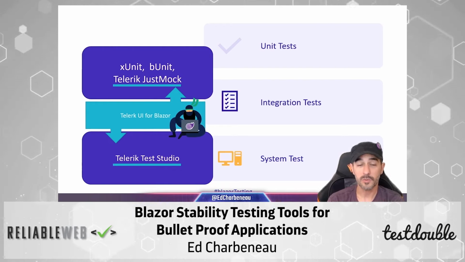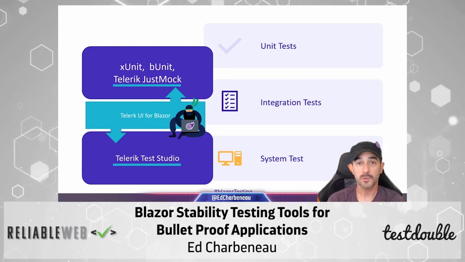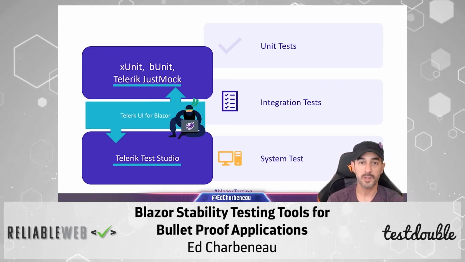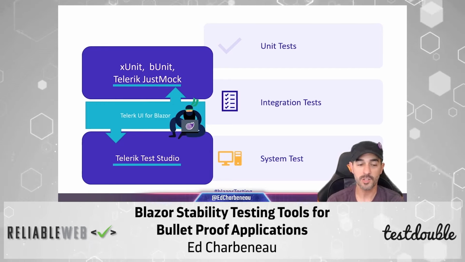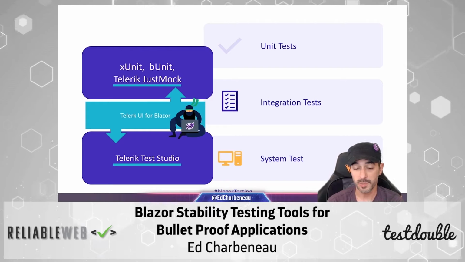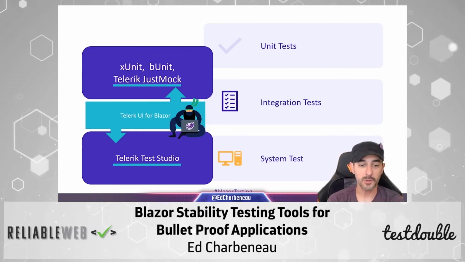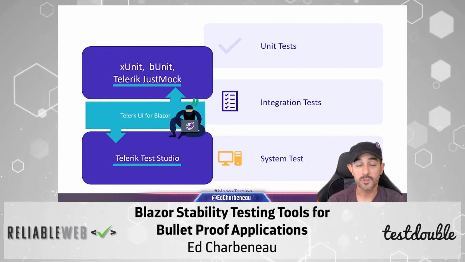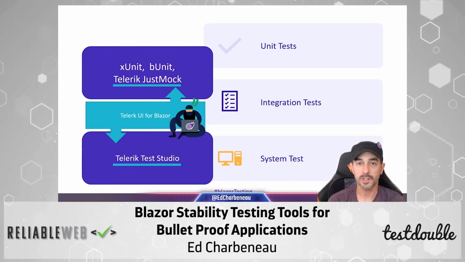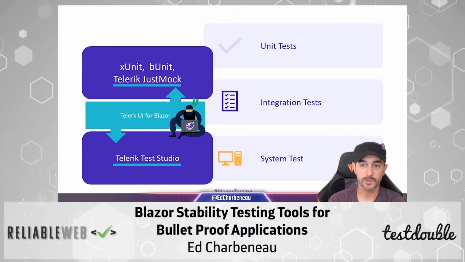Telerik UI for Blazor also exposes some translators that help the browser understand the components better. So you get better system integration tests with Telerik Test Studio when you're using Telerik UI for Blazor. This is something that I've been focused on for the last year, is seeing how I can integrate all of these products together. And now we're delivering those things to our customers.